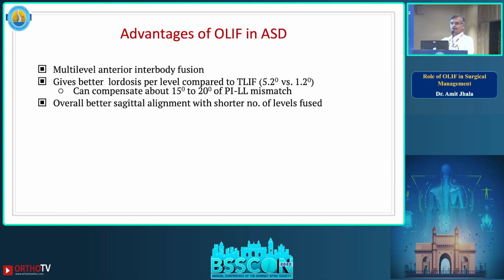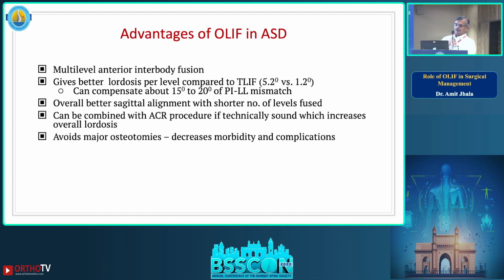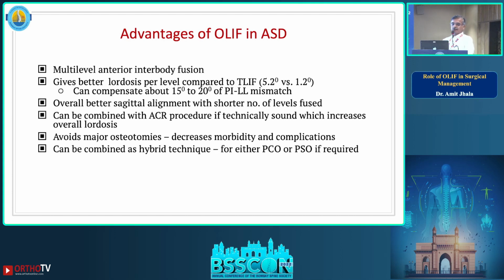It's very obvious that if you get more lordosis, you are able to compensate the whole spine, and you can see the whole spine getting corrected by doing this procedure. It can be combined with ACR if you are technically sound, and it avoids major osteotomies in rigid curves.